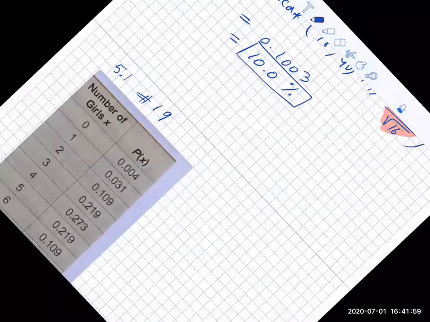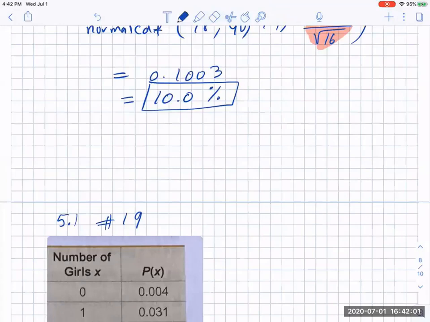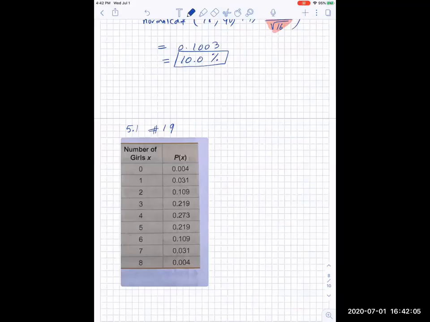X is the number of girls among 8 children.